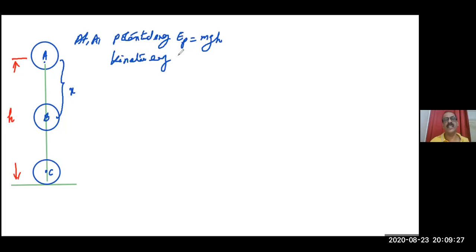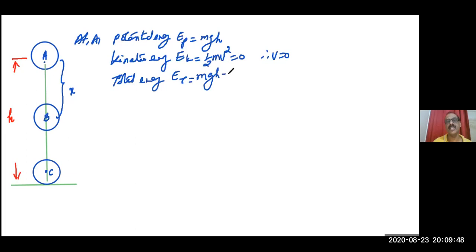Kinetic energy EK is equal to half mv squared, that's equal to 0 because v is equal to 0 at this point. Therefore, total energy ET is equal to mgh plus 0, that's equal to mgh. Equation number 1.